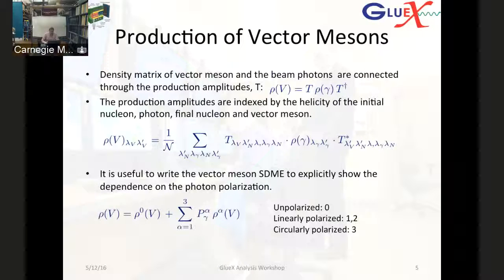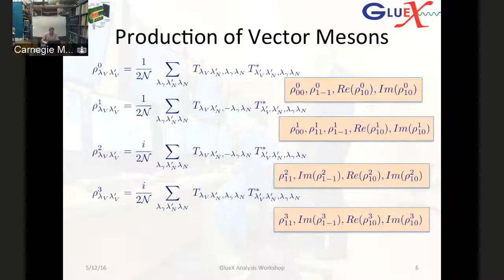Is that okay? And these rows can be basically extracted out from these production amplitudes. They're these sort of sums here, the row 0, row 1, row 2, and row 3. And it turns out there's a bunch of symmetry relations between the amplitudes and the spin density matrix elements, and there are only a certain small number of real unique elements here, and so everything I've written down here is real.